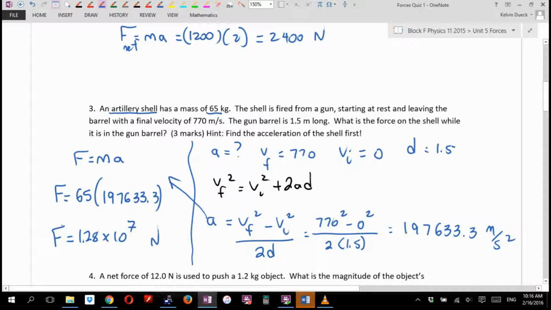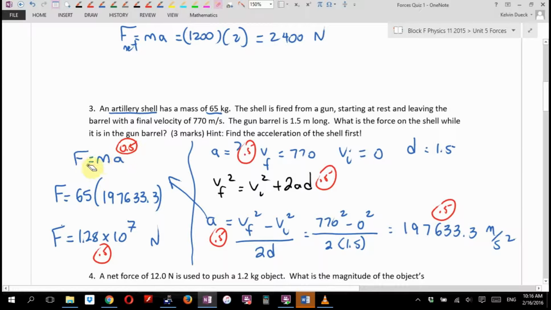In terms of part marks, if I saw that, that would get you a half mark. If I saw that you clued in that we needed to find the acceleration, that would get you a half mark. I would give you a half mark for that equation, a half mark for that, and a half mark for the acceleration.